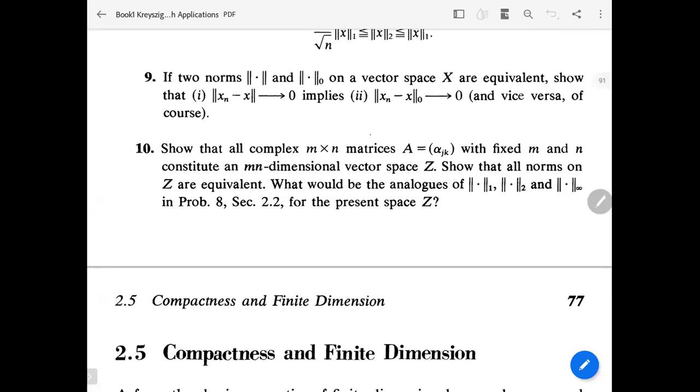So the midterm exam will consist of problems, like the problems in these sections, examples, and the problems in the assignment.